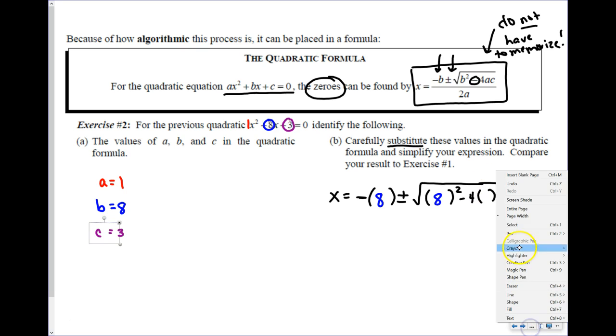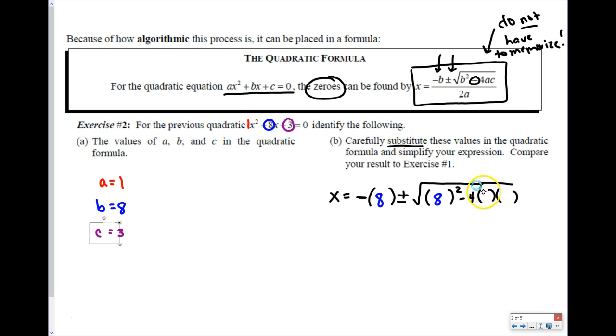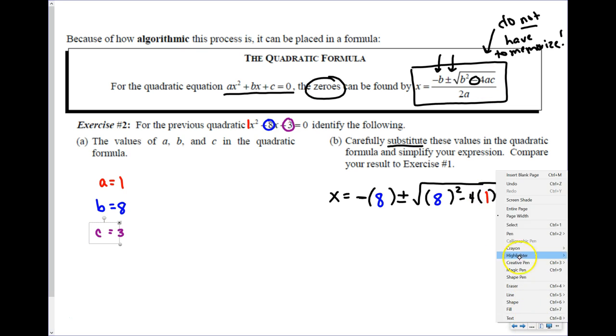So I'm using parentheses to protect my signs. Even though these are all positive numbers, parentheses help me make sure I don't have sign errors. So anytime you plug something in, make it in parentheses. So a is 1, so I'm going to plug 1 in for a right here, and c is 3. So I'm going to plug in 3 for c.